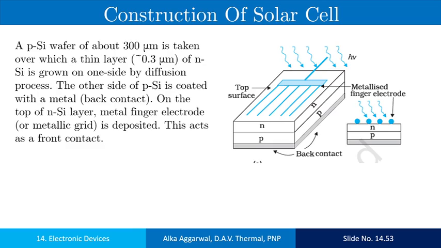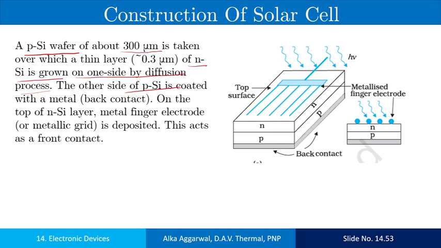Now the junction diode for the solar cell consists of a p-type silicon wafer whose thickness is about 300 micrometer, and over the p-type silicon wafer the n-type silicon is grown on one side by the diffusion process.